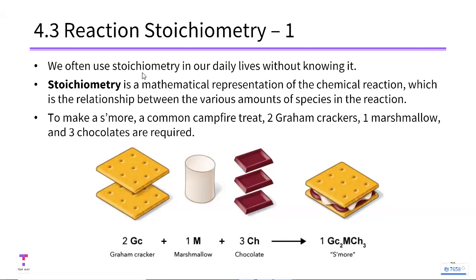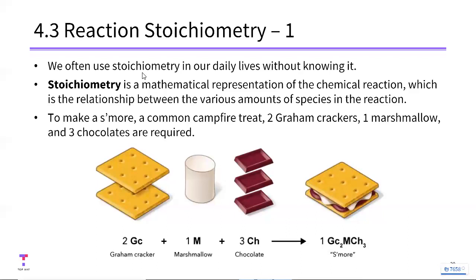Well, those dictates can tell us how many s'mores we can make with a certain amount of ingredients. And that is stoichiometry. The only difference between this example that we kind of do on a daily basis when we make a recipe versus what happens in a chemistry lab is just what our point of reference is.